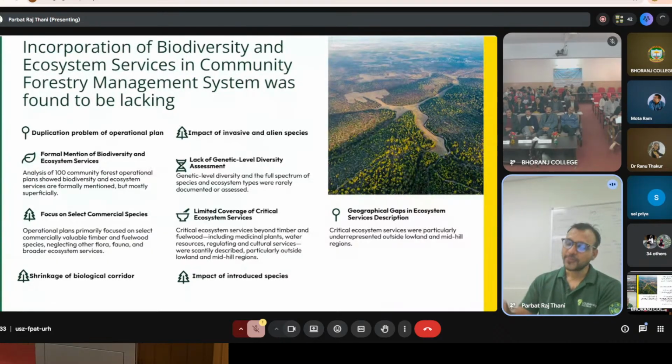Another thing was that those operational plans were concentrated on commercial species rather than all the biodiversity, for example Shorea robusta and some pine plants which are commercially important. Only those species were taken into consideration when making the operational plan.